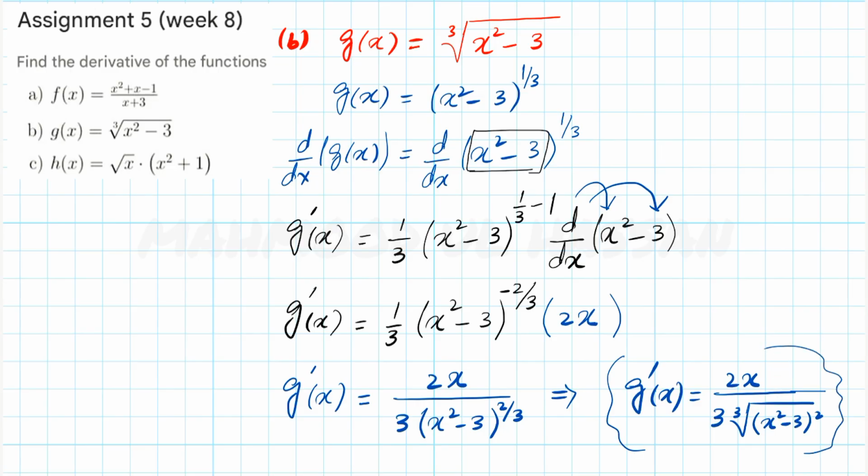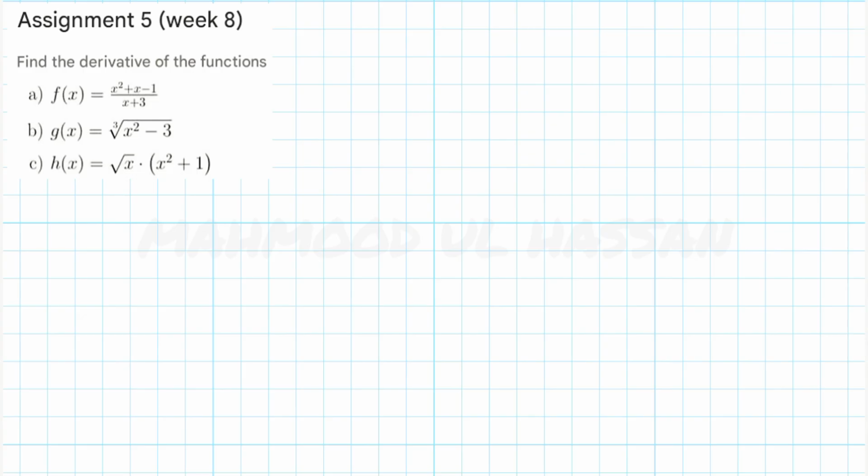Now move to the next problem, that is problem C. The function is h of x, and that is going to be square root of x times x squared plus 1.